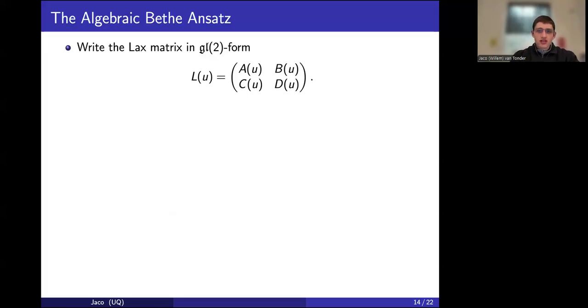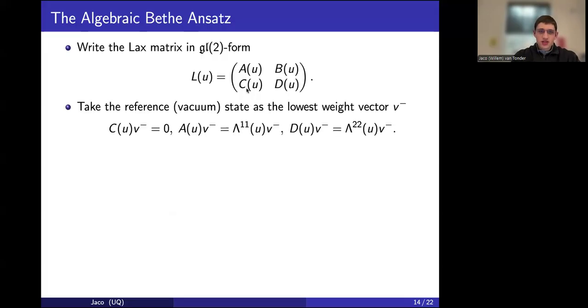Now, to actually diagonalize the transfer matrix and obtain the eigenstates, we can first write the Lax matrix in this 2 by 2 matrix form, so that we have these diagonal operators and off-diagonal so-called raising operators.